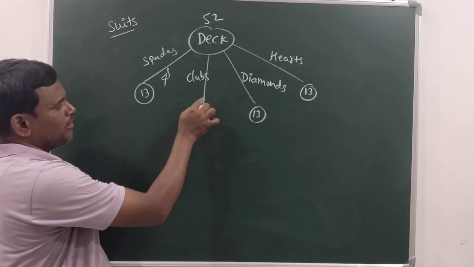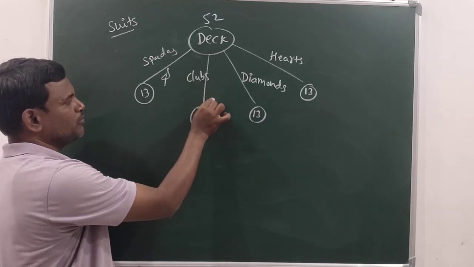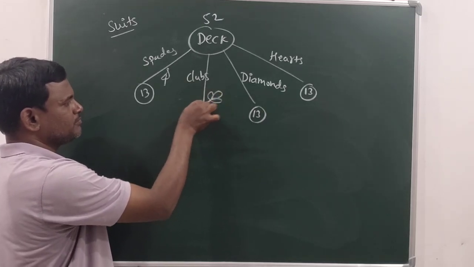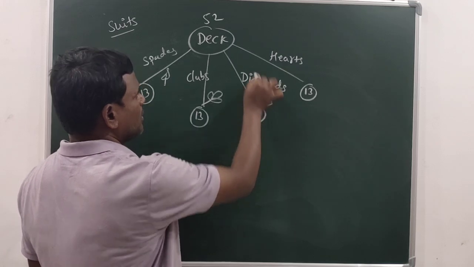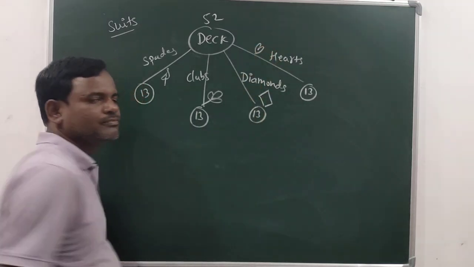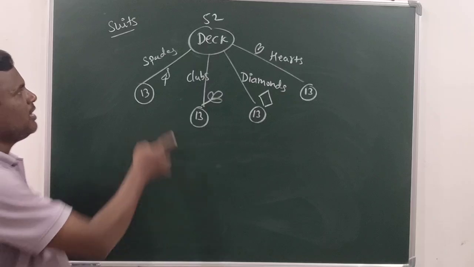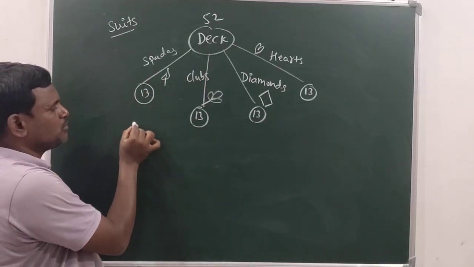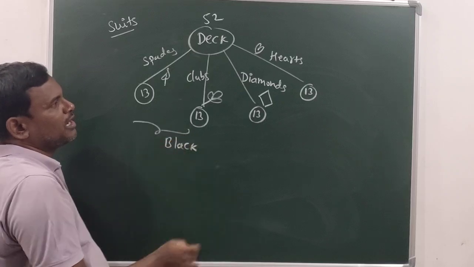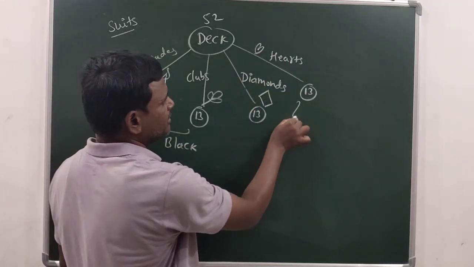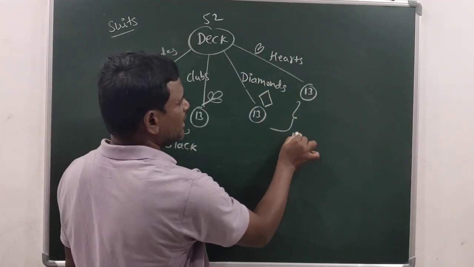And if you see the back side of the clubs, you will get this kind of symbol, and diamonds with this symbol, and hearts with this symbol. The spades and clubs are black in color, and the diamonds and hearts are red in color.